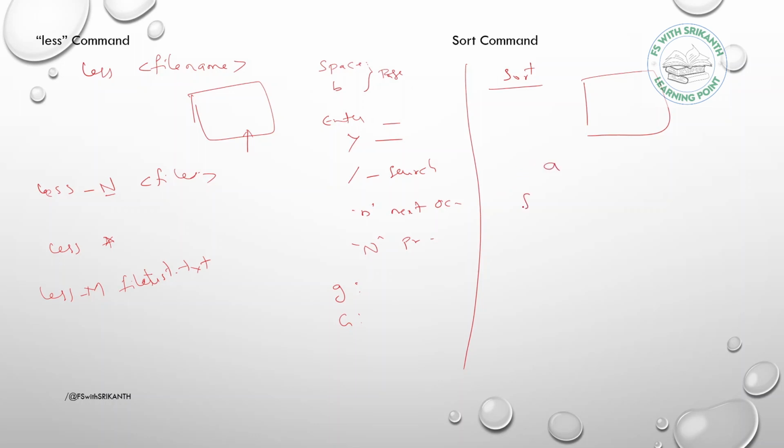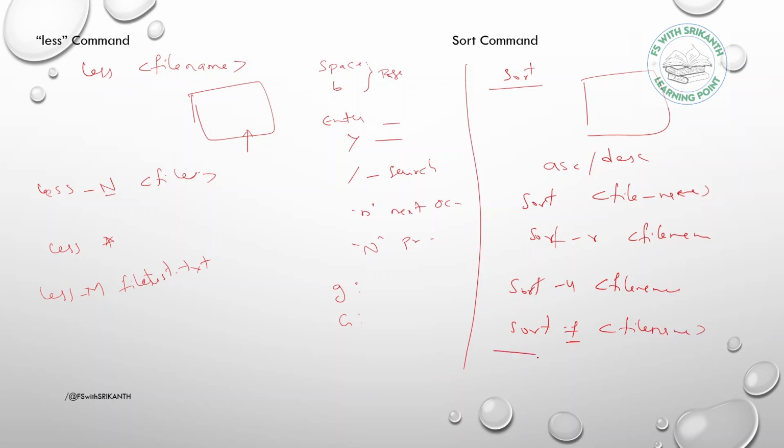When you use sort with the file name, by default it is in ascending order, but when you use sort hyphen r, reverse, it goes to descending order. You can also filter: sort hyphen u eliminates duplicate values and prints unique values. And f is for ignoring case.